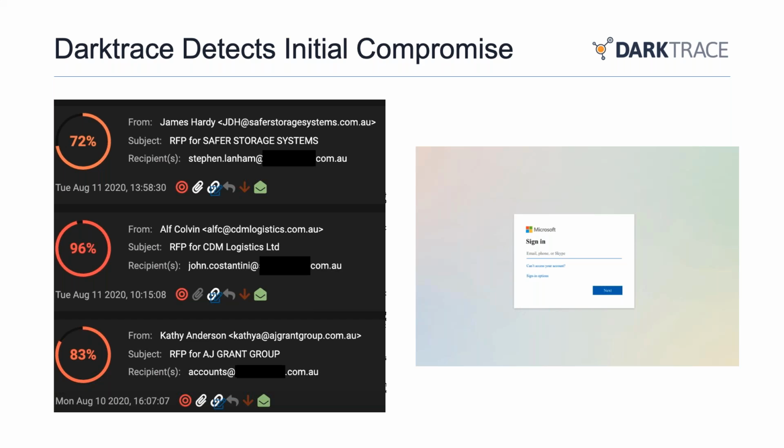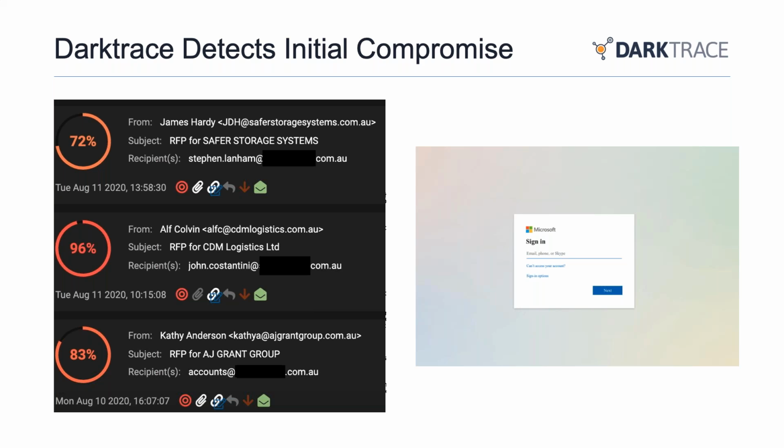They can be that these people don't usually correspond with attachments, or the sender might be weird. Whatever the weirdness is, what is giving the AI a lot of confidence to say that this is very, very unusual is the fact that there is a link in all of these emails pointing to a file storage system online.